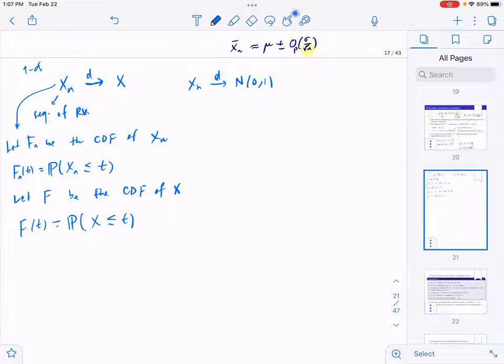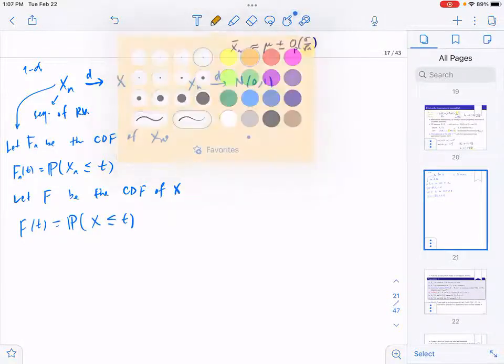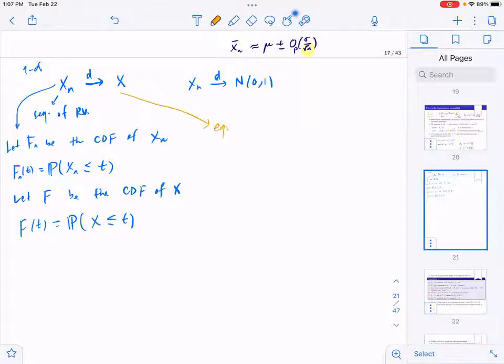This is basically defined as Fn(t) converging to F(t) for every t at which F is continuous.